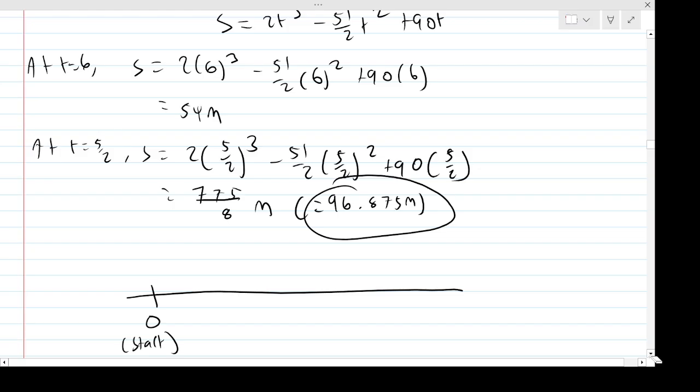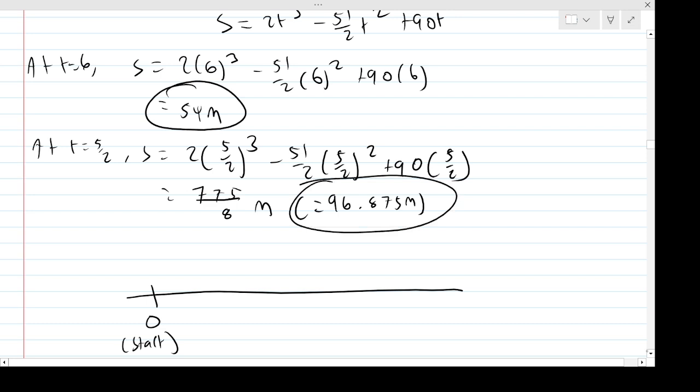Okay, so it makes it a little bit tricky, but again, if we just sketch these two bits of information, 54 meters and 96.8 meters at these two time points. So firstly, when t is 5/2, it's 96 meters. So let's say t is 5/2 over here.